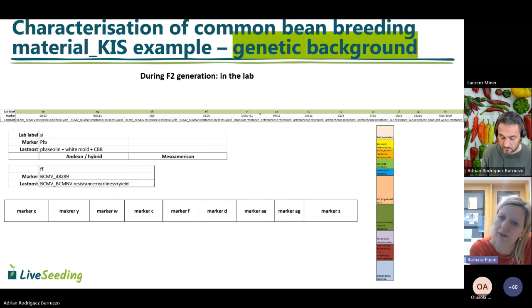As Adrian very nicely explained before, most of the traits, especially quantitative ones, are polygenic. So a lot of different genes are involved in the inheritance of such traits.